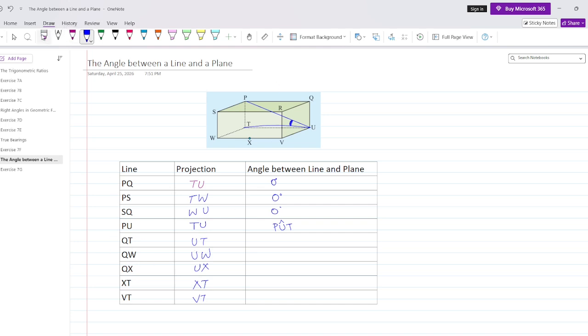QT is this line, and its projection is going to be this line, UT. The angle between QT and UT is QTU. This is going to be the angle between the line QT and a plane.